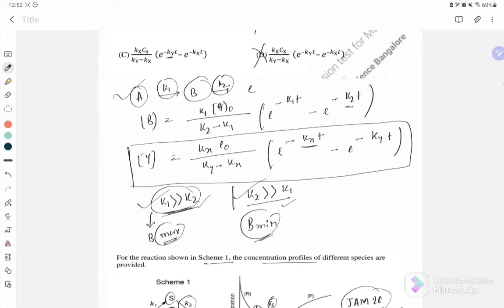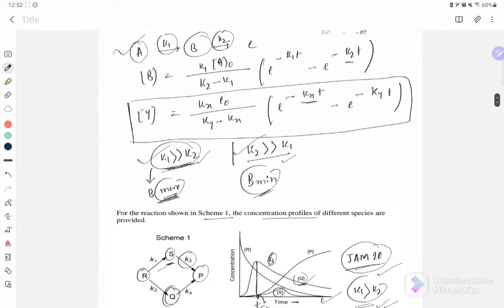For B max we will get a peak. For condition 1 we will get this is A, and here this is B, because in this reaction we will get a maximum peak, and C will gradually increase like this one. So this is a condition of A.